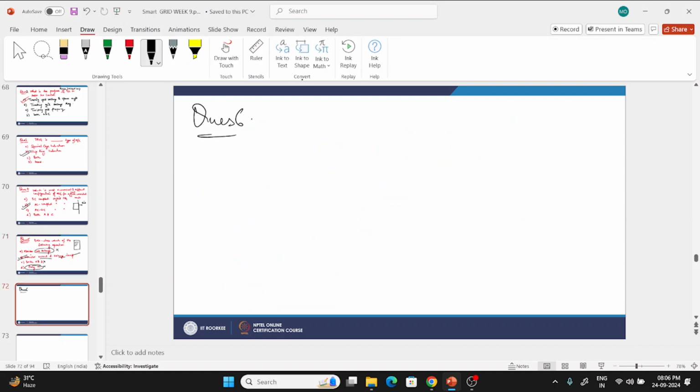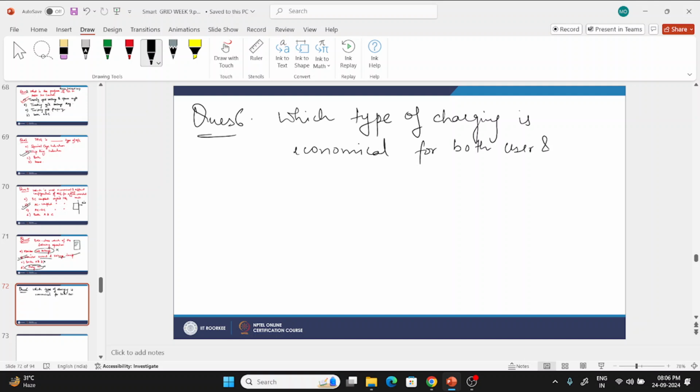क्वेश्चन नंबर 6, which type of charging is economical for both user and grid. Okay, which type of charging is economical?